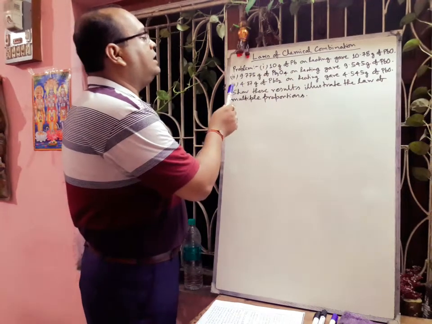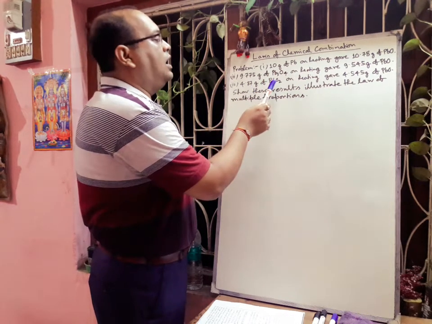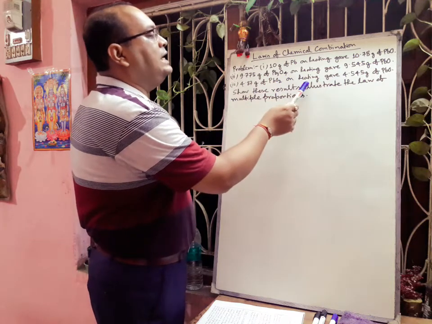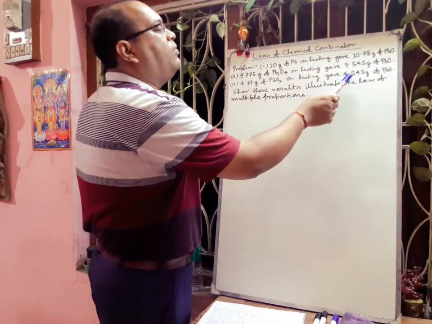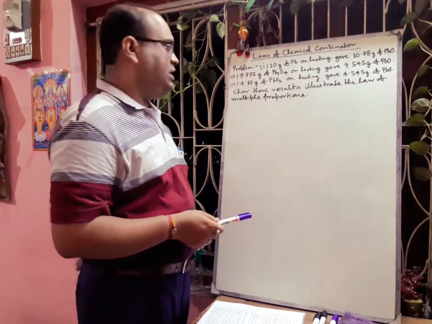And the third case, 4.87 gram of lead peroxide or lead dioxide PbO2 on heating gave 4.545 gram of PbO, lead oxide.